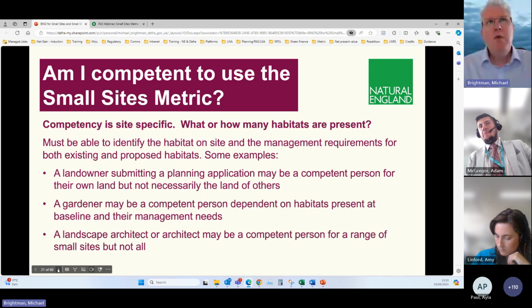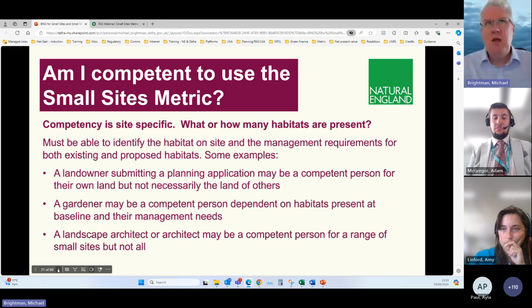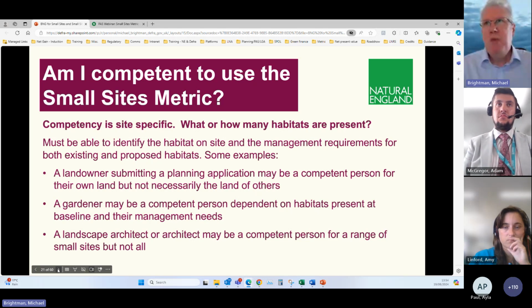Remembering that competency is site specific, what a competent person would have to look at first is how many habitats are present. Are they able to identify the habitats on site? And again, as a reminder, know the management requirement for both existing and proposed habitats.